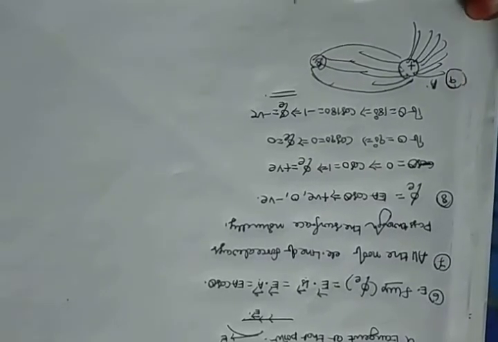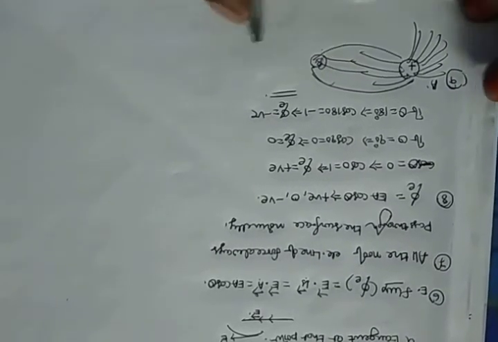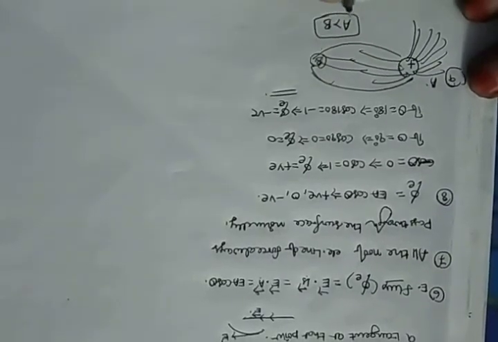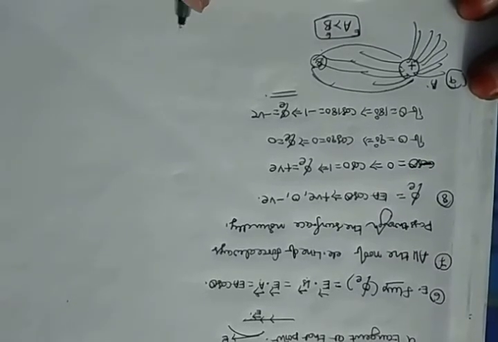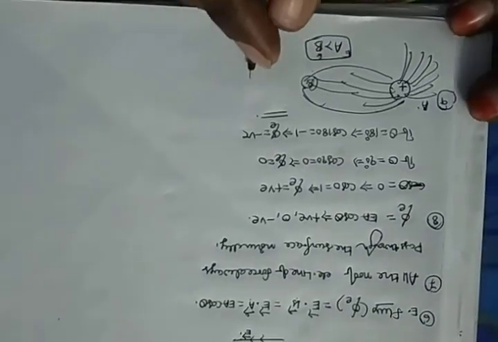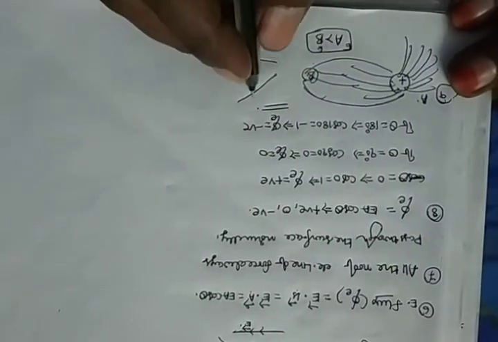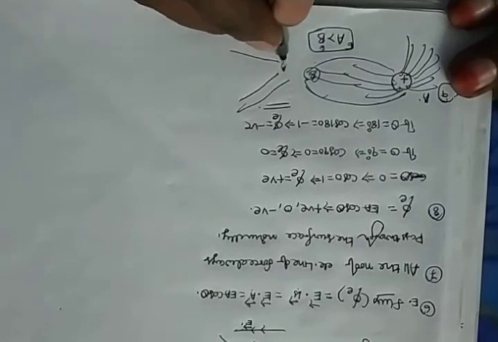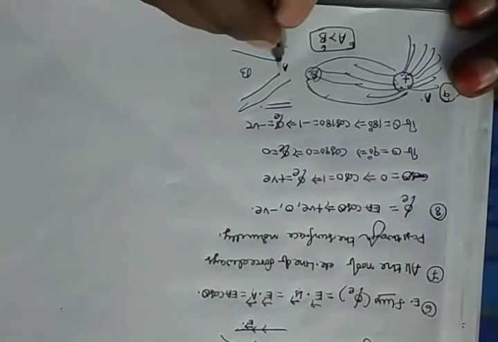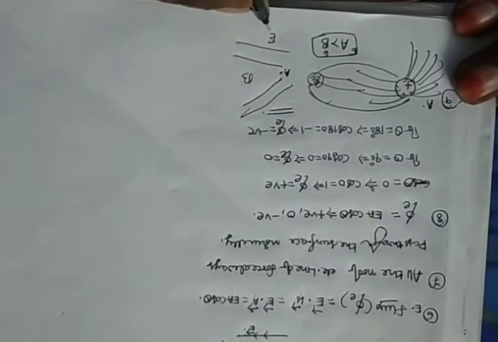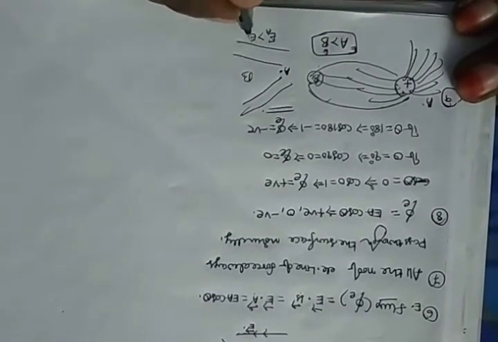Where the electric field strength is more: the electric field strength at A is more than B. If this is A and this is B, then all the lines of force start from A, which means the electric field intensity at A is more than B.